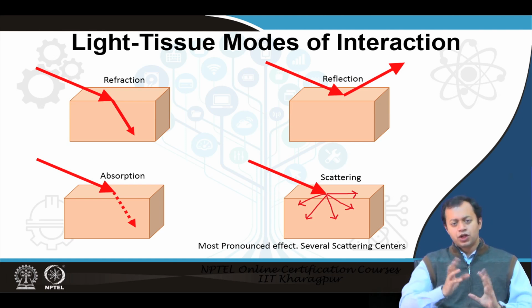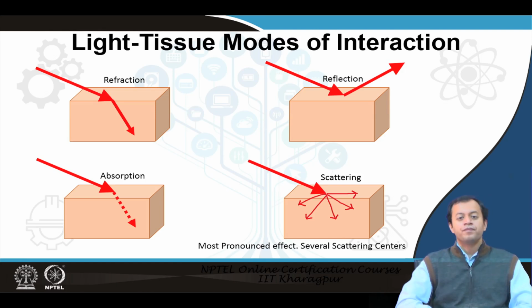So, different parts of the tissue can show different cellular arrangements.